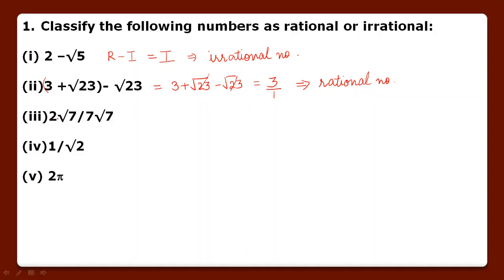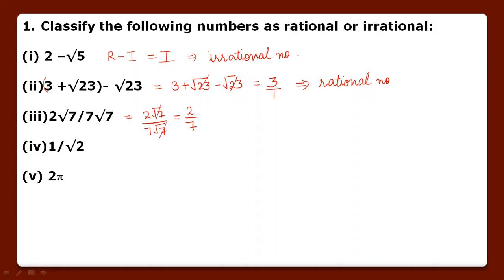Third part, 2 upon root 7 divided by 7 upon root 7. We can write it like this. What will be the answer? 2 upon 7, because root 7 cancels with root 7.